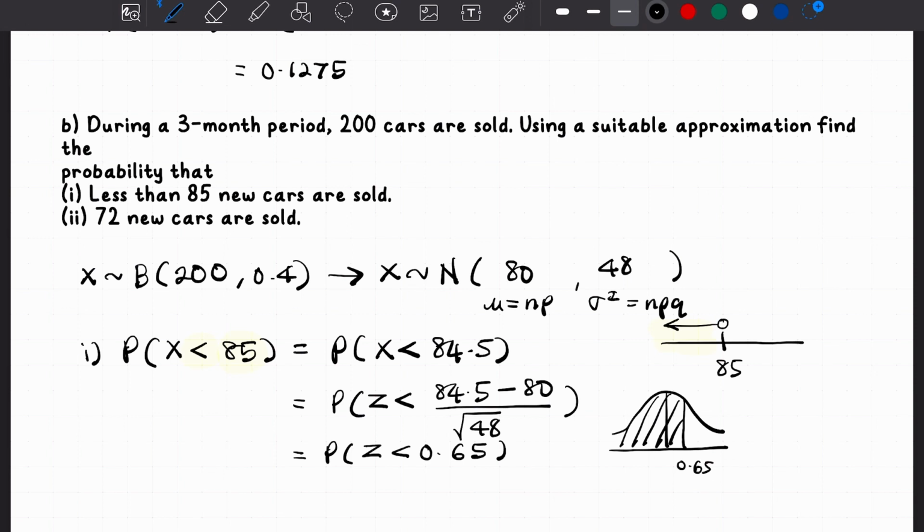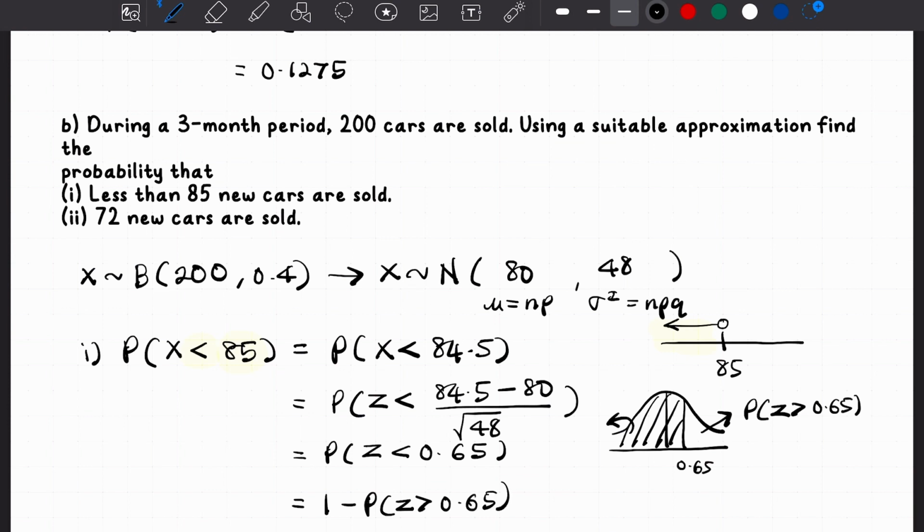If this is the probability of Z less than 0.65, then this is the probability of Z greater than 0.65. So to find the probability of Z less than 0.65, we do 1 minus the probability of Z greater than 0.65.